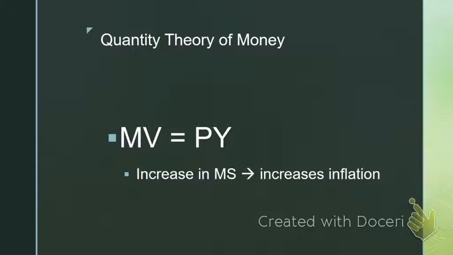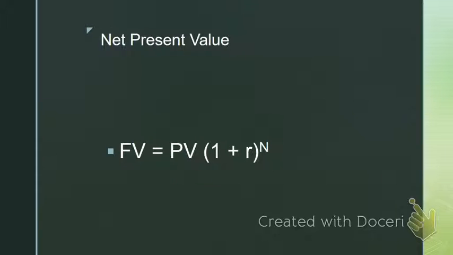Quantity theory of money. The amount of money times its velocity is equal to the price times the output of the economy. So when you increase money supply, it's going to increase inflation. This goes up, then prices are going to have to go up to make it balance. Net present value.